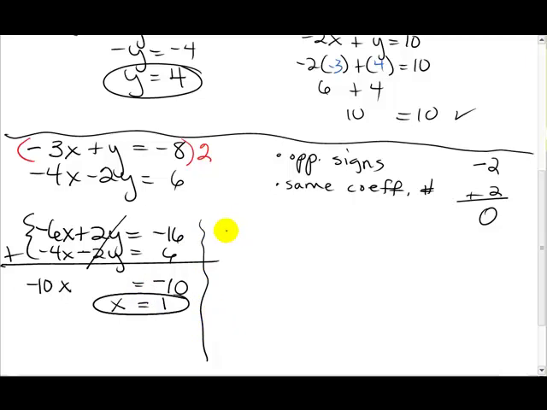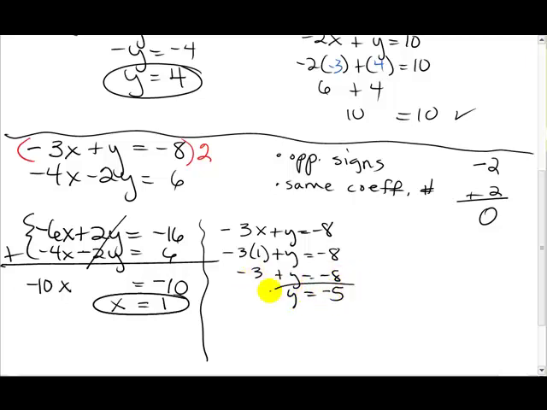Use the top equation, going back to the original, to plug in my 1. Plus 3 plus 3. So I've got a negative 5, and then I want to check that. So negative 4 times x minus 2 times y equals 6.